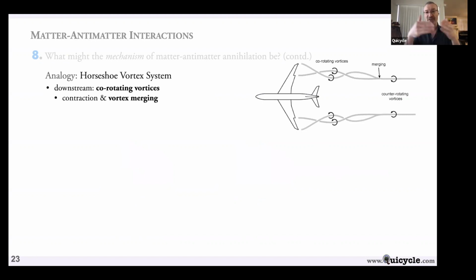When you have an aircraft together with the trailing vortices coming off of both wings, it creates the shape of a horseshoe. You'll notice that each wingtip is generating two vortices that are co-rotating. The opposite wingtip will be generating vortices rotating in the opposite direction. But downstream, we notice that those two vortices that are co-rotating at each wingtip are going to merge.